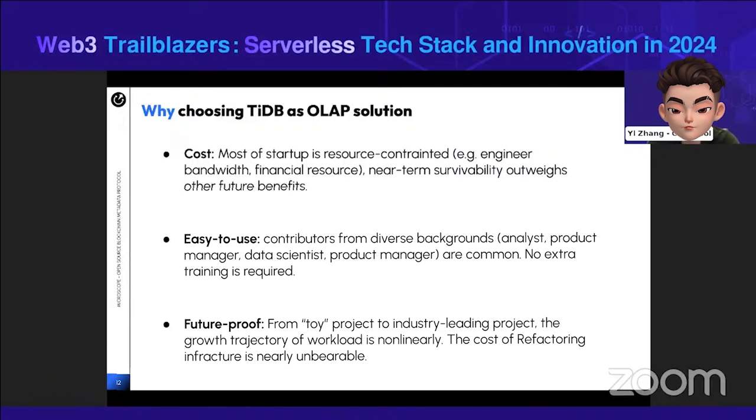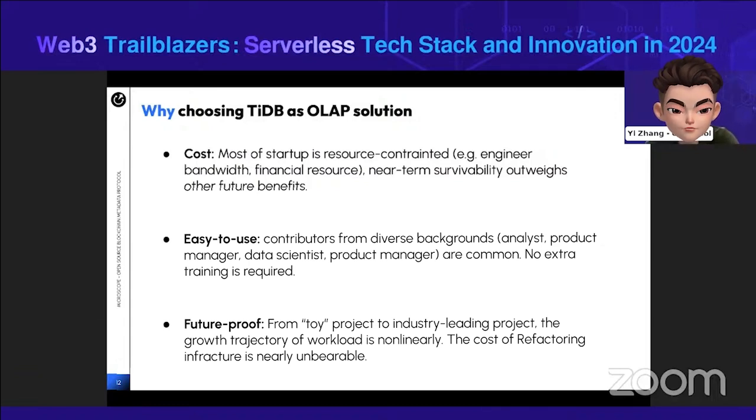We're starting in the so-called winter of crypto, so we are very cautious whenever we decide to invest in something. When deciding which infrastructure to choose, we have multiple factors to consider, but honestly we have to rank them, and cost is most of the time the top priority.